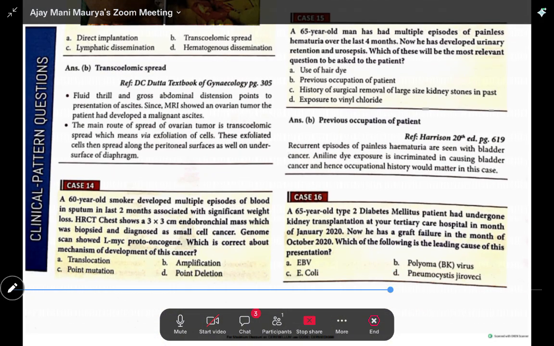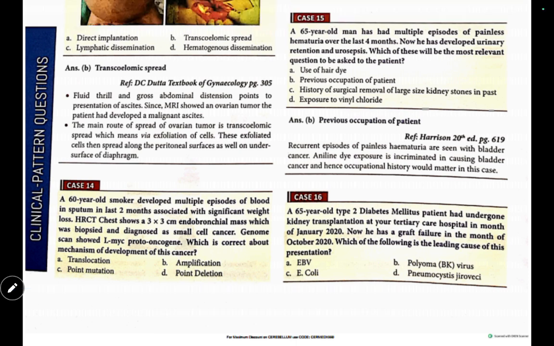Done. Next one. Done. Yeah. See here now. A 65-year-old type 2 diabetes mellitus patient had undergone kidney transplantation at your tertiary care hospital in the month of January 2020. Now he has a graft failure in the month of October 2020. See here, just tell me, what is the duration here? It's more than 6 months already, no?